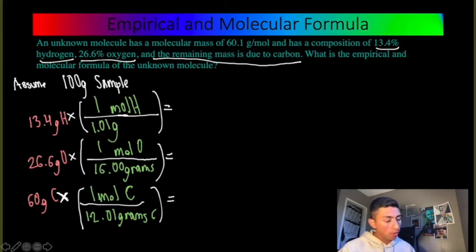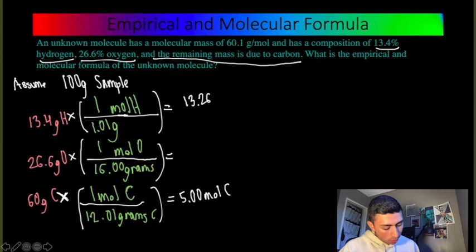So the answer for carbon should be 5.00 moles of carbon. For hydrogen, you should be getting 13.26 moles of hydrogen. And for oxygen, you should be getting 1.66 moles.